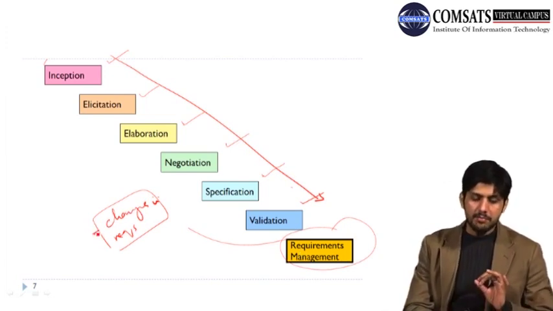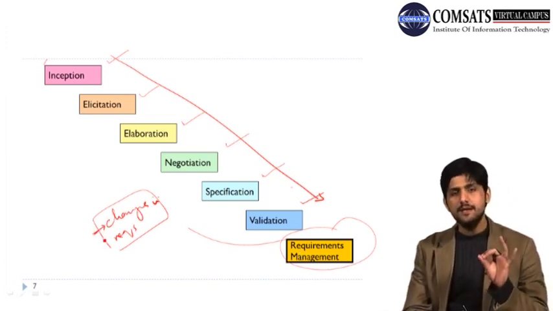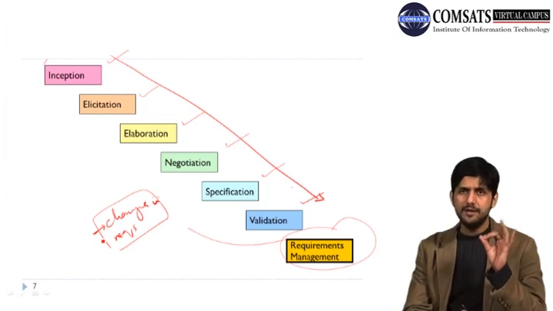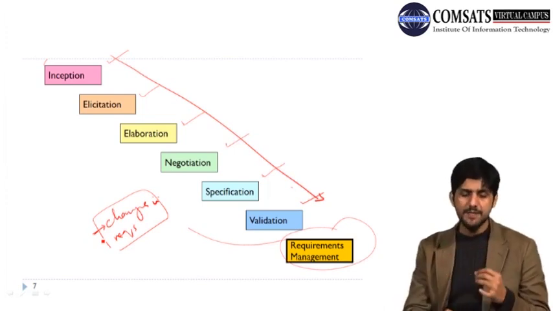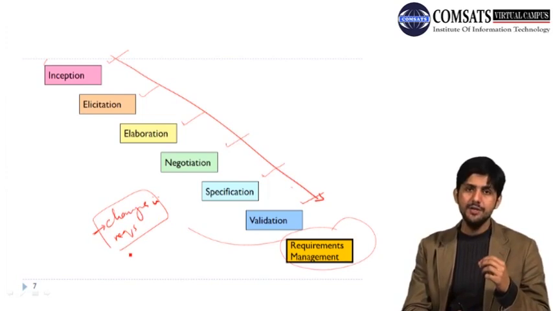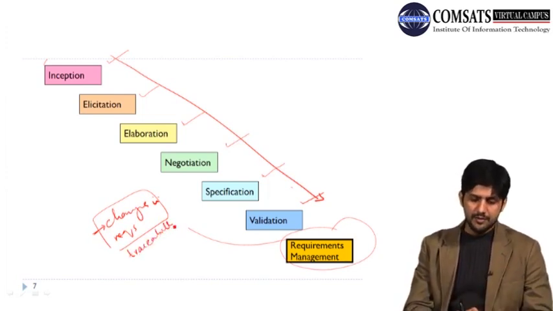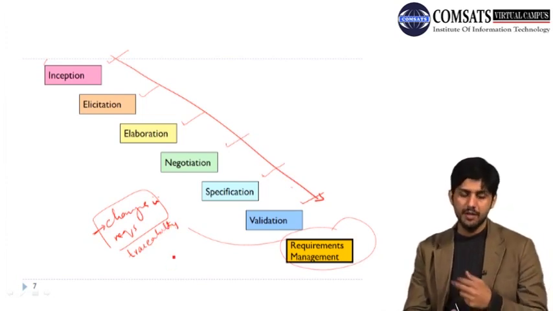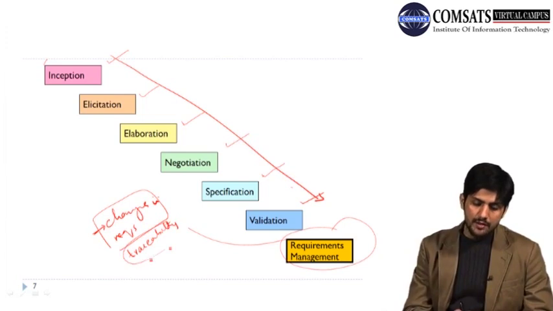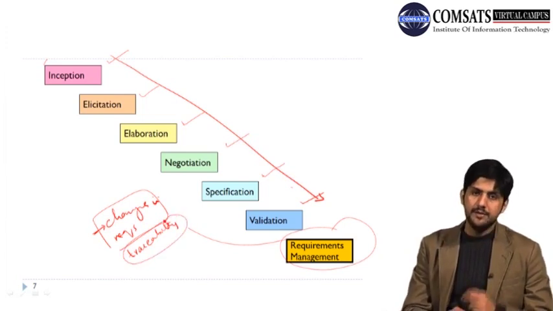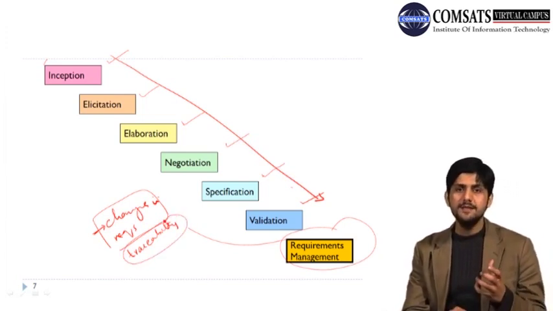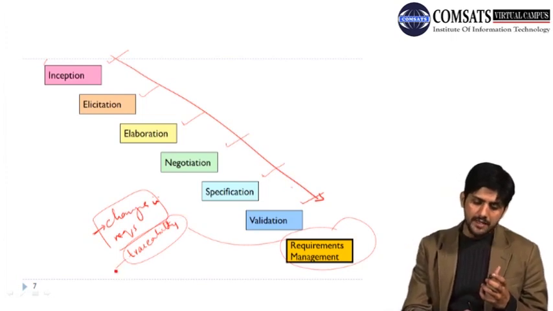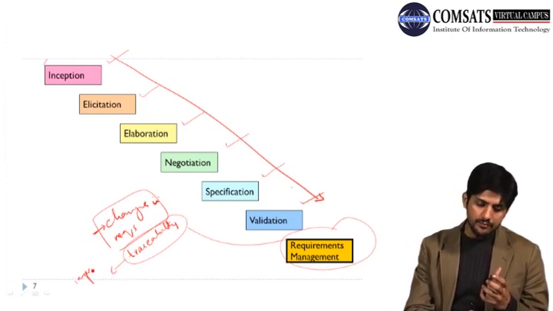But requirement management cannot deal with this concern of changes in requirements without the traceability information. So the traceability information is at the heart of requirement management, because without maintaining this traceability information, the impact analysis cannot be done.